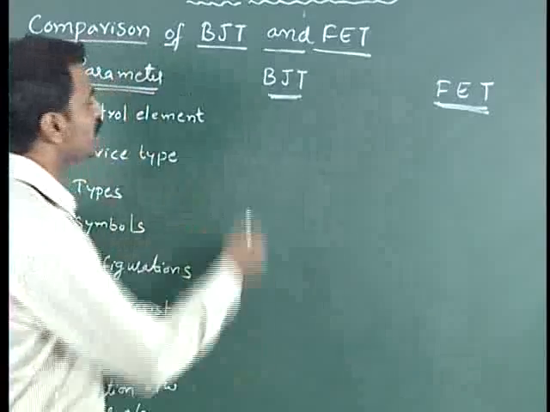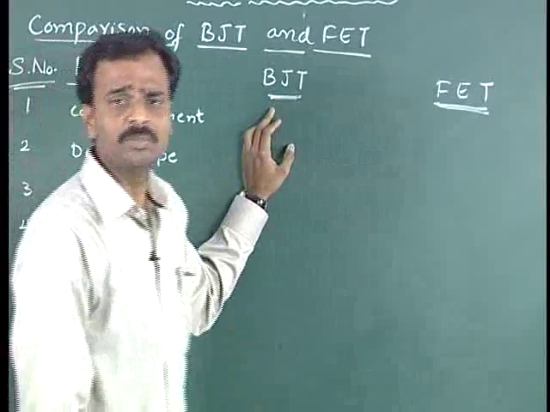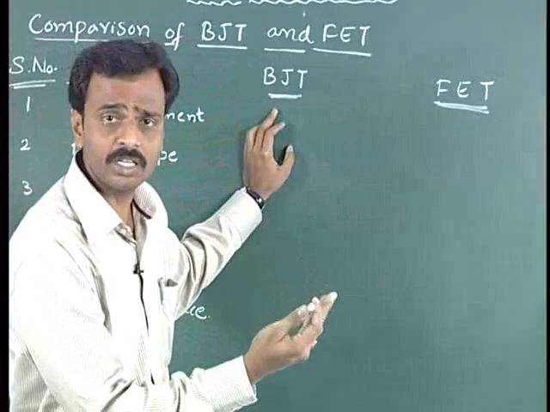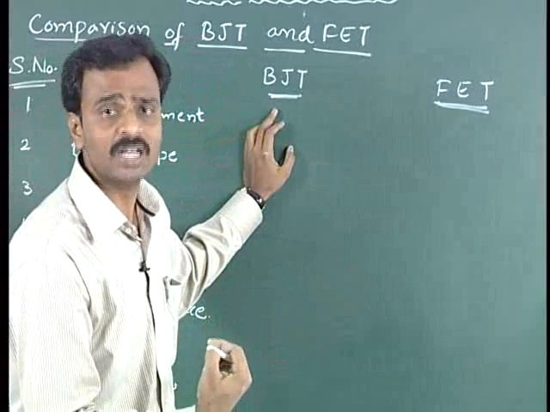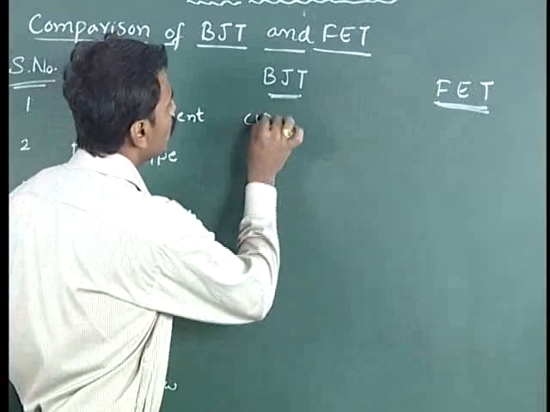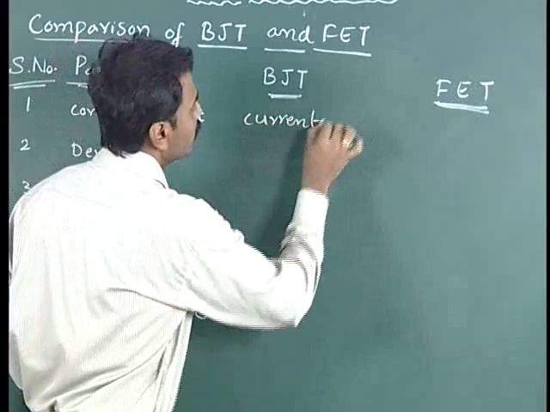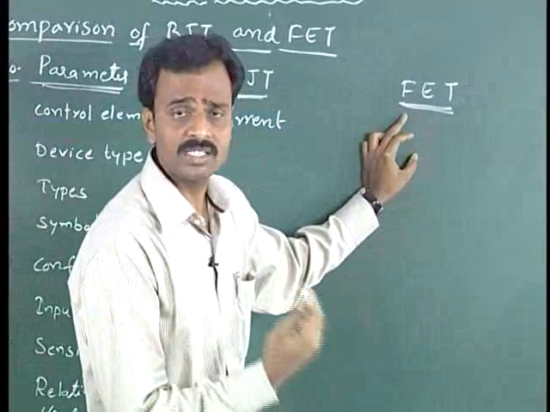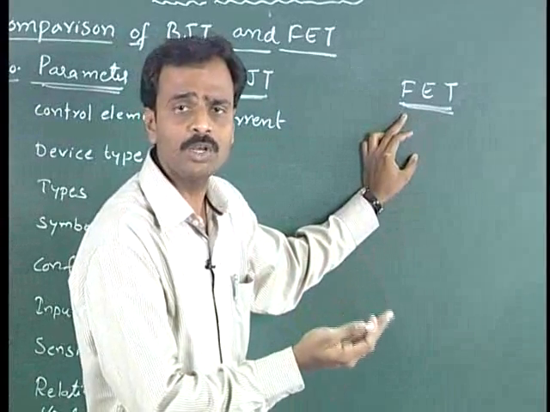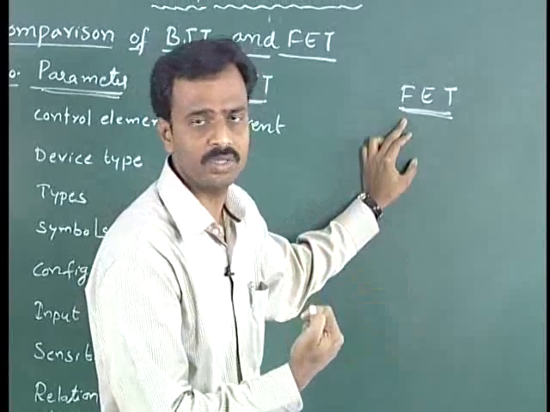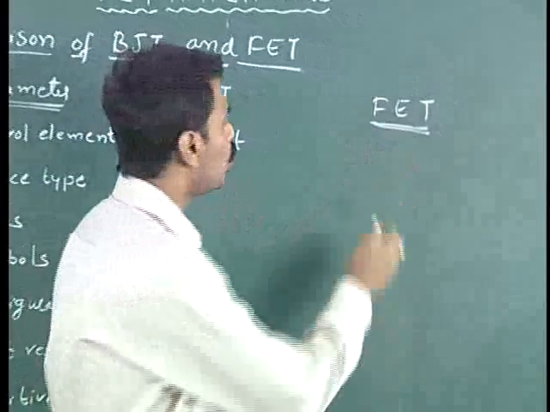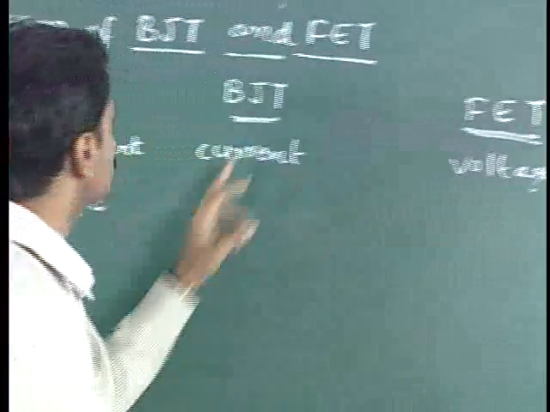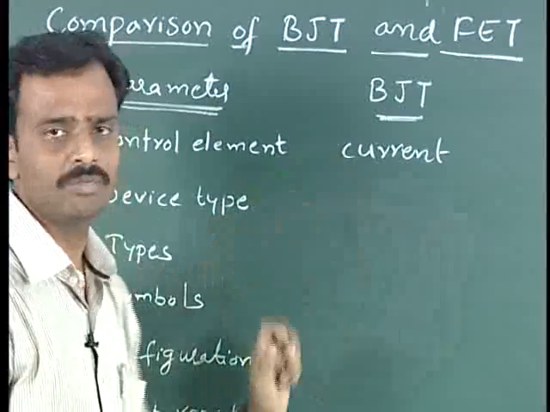I have just told that BJTs are current controlled devices, where the output current is controlled by the input current. Whereas field effect transistors are voltage controlled devices, as the output characteristics can be varied by varying the input voltage. These are the control elements for BJTs and field effect transistors.